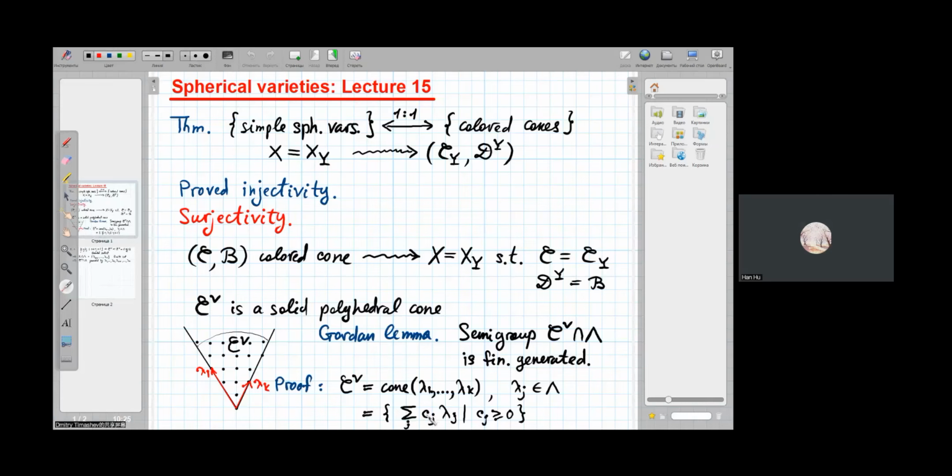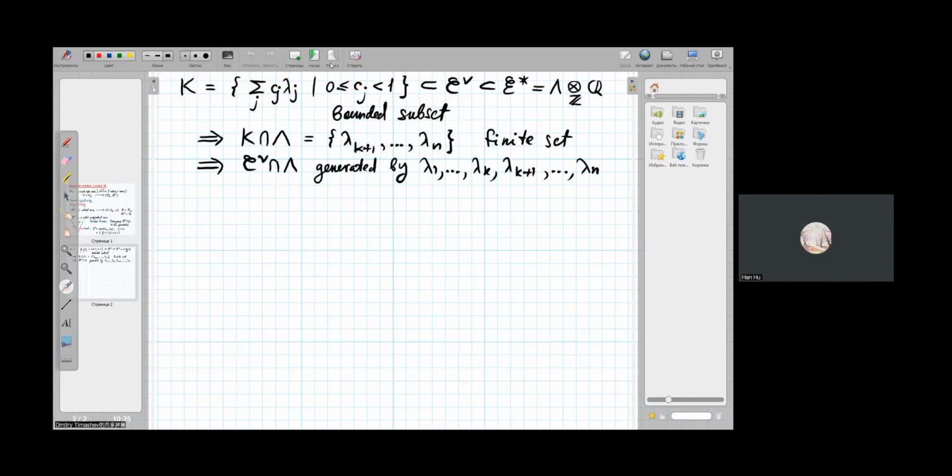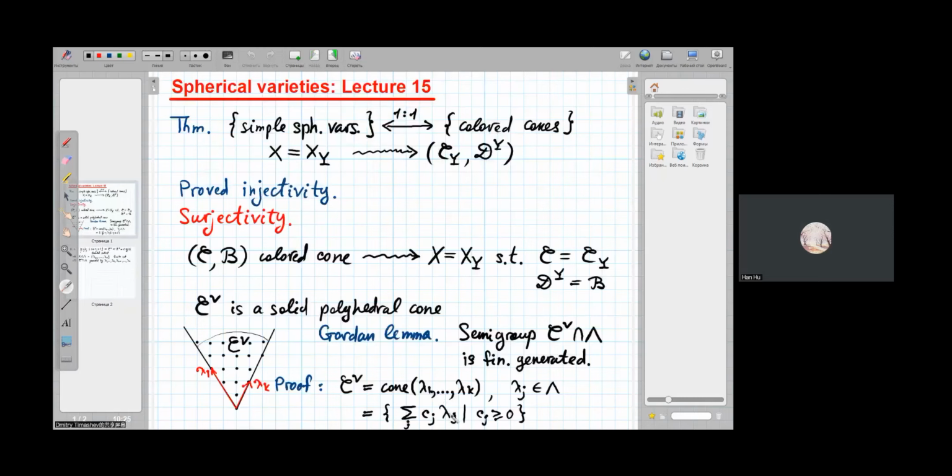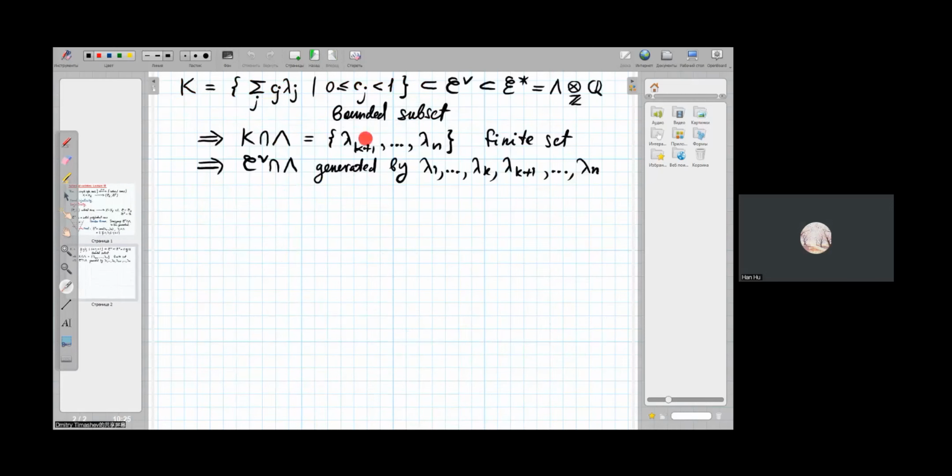You will obtain a coefficient in this range. And when you subtract this integer from Cj, you subtract some integer multiple of lambda j from this vector, and you get into this subset.